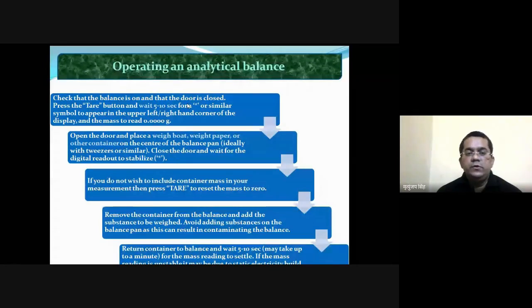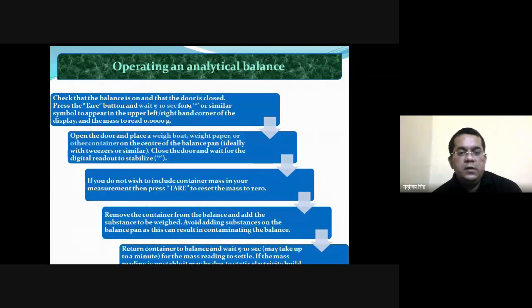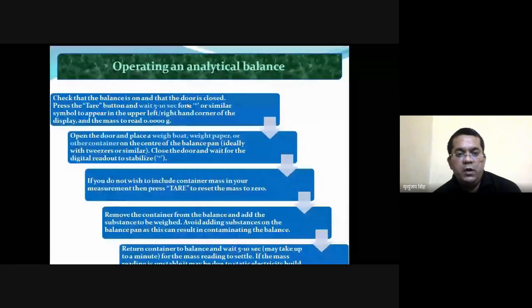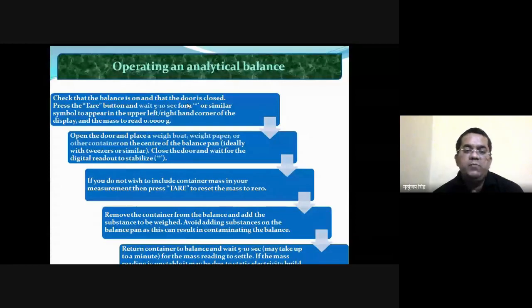If you do not wish to include the container mass in your measurement, then after keeping your container on the pan and closing the door, press the tare button to reset the mass to 0. Remove the container from the balance and add the substance to weigh.